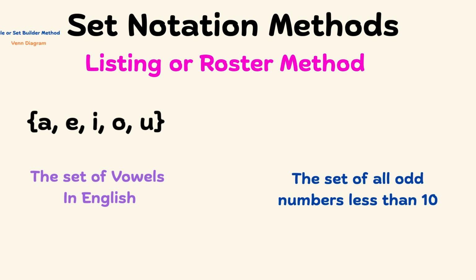This would be 1, 3, 5, 7, and 9, all with commas. So this is how we write when we're talking about the listing or roster method.